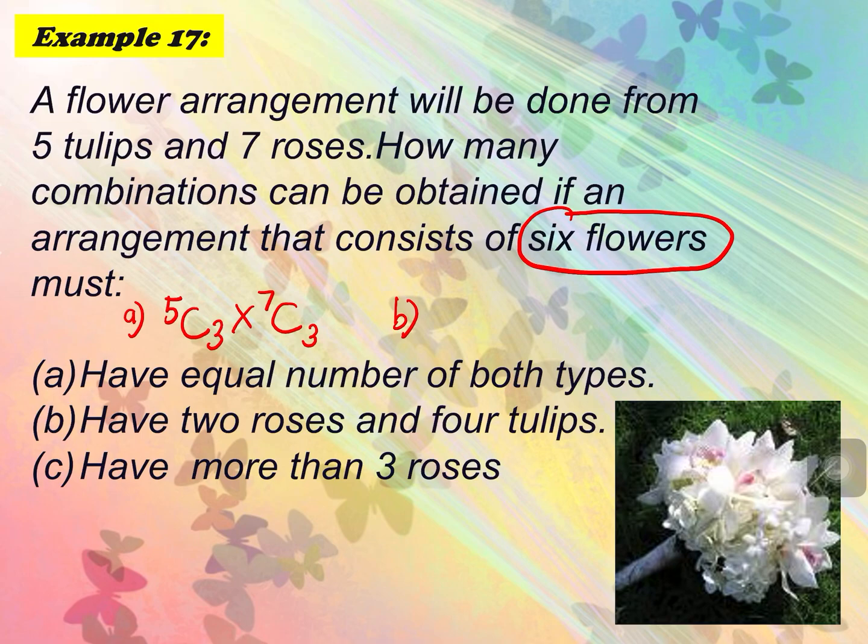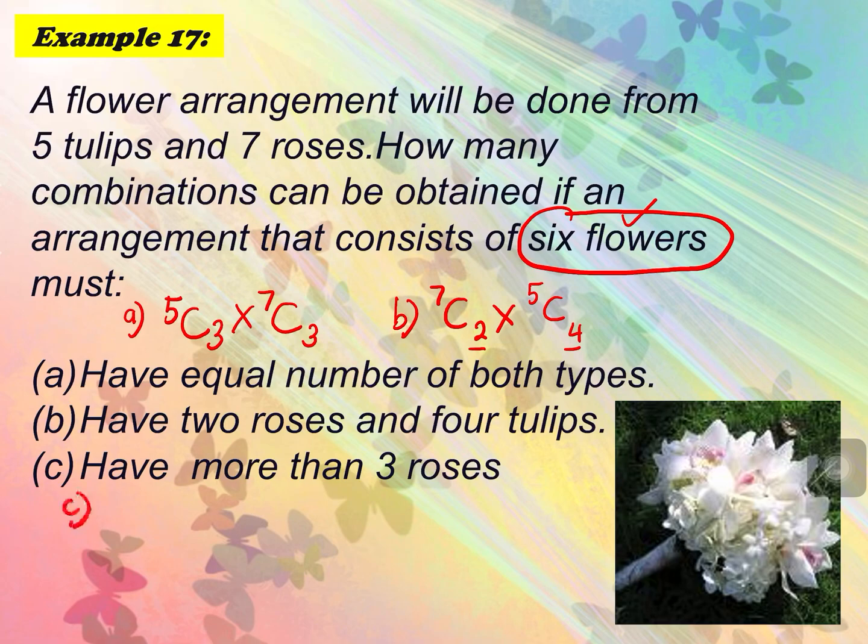So this is what you do. Question B says have 2 roses and 4 tulips. So in this case, we want only 2 roses. So 7C2 times 5C4. Make sure if you add these together, you should get 6 flowers.